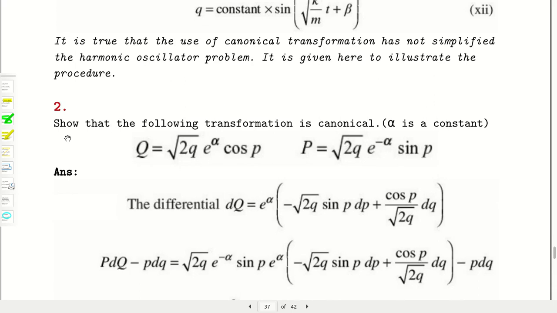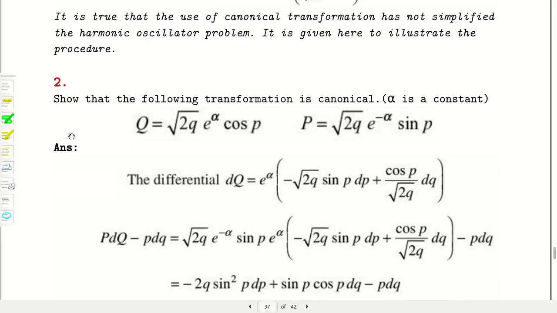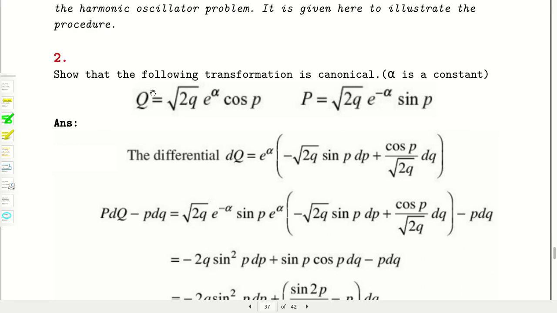You can see those on your own, but they are very important, as some equations can be written and it can be asked to show that those transformations are canonical. Say q is equal to this term, a function of small q and small p, and also capital P as a function of small q and small p is given, and it is asked that you show that these transformations, from the old coordinates to the new coordinates, are canonical.